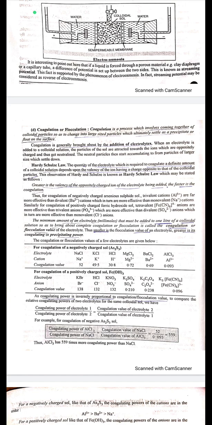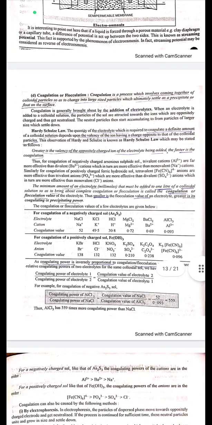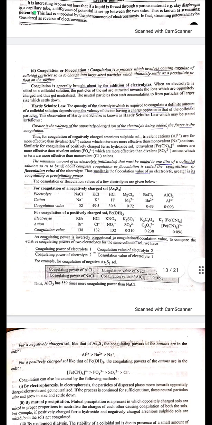NaCl, Na+, 52; KCl, K+, 49.5; HCl, H+, 30.8; MgCl2, Mg2+, 0.72; BaCl2, Ba2+, 0.69; AlCl3, Al3+, 0.093.